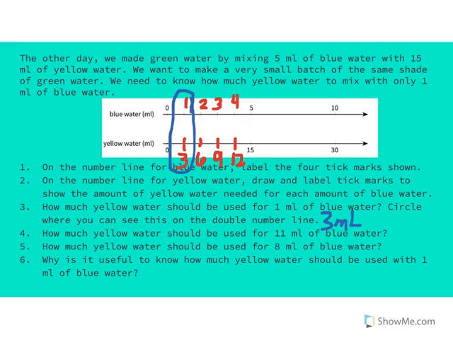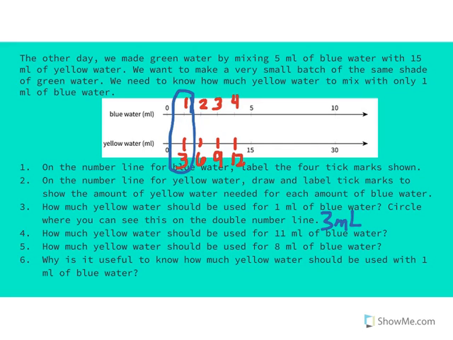Okay. How much yellow water should be used for 11 milliliters of blue water? Oh, I don't have that on here. How could we figure that out? Yeah, if you're thinking, well, we've always just taken our original ratio times whatever number of batches we need. You're right.